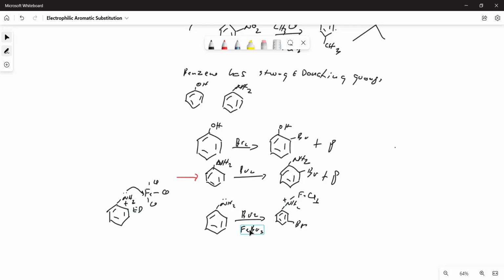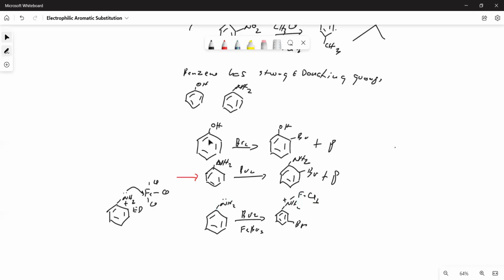So if you add the ferric bromide, the amino group will become electron withdrawing rather than donating. So that's why when you add the bromine, if there is the Lewis acid, the bromine will be at the meta position, not at the para or ortho, because of the reaction of the amino with the Lewis acid.